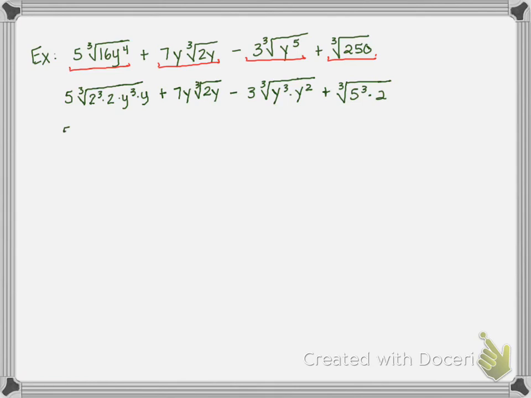So I'm going to take the factors that have exponents that are divisible by 3, raise those to the 1/3, and then everybody else is going to stay under the radical because it's not going to simplify. So we could have also raised 2y to the 1/3 power, but it doesn't do anything for us. We would just have to put it back in radical form, so that's why I just left it as the cube root.